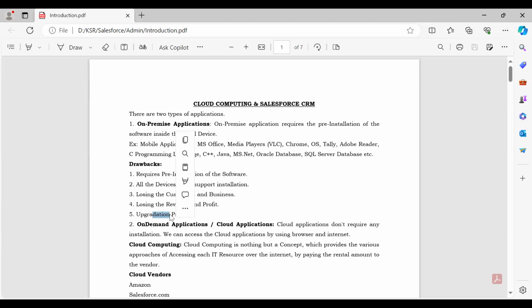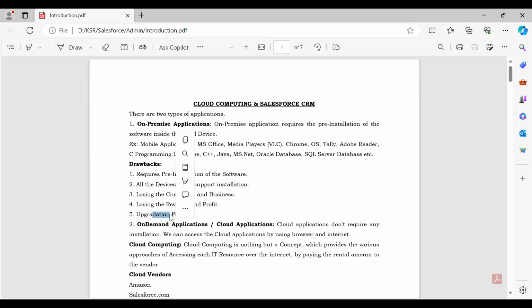That means every time the company provides a new release or a new version of the software, we need to upgrade it in our local system. Then only we will be able to access the latest features given in that new version. So these are some of the drawbacks of on-premise applications.